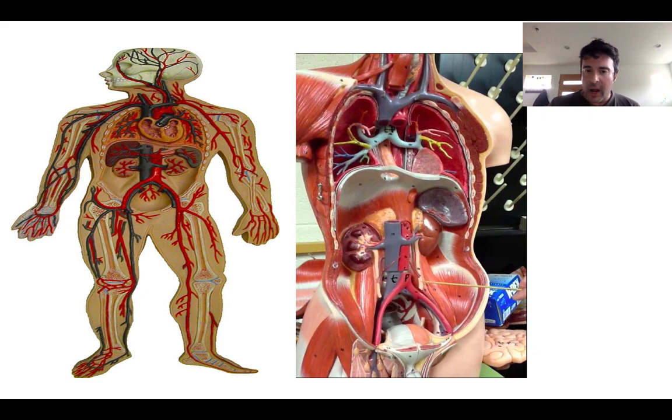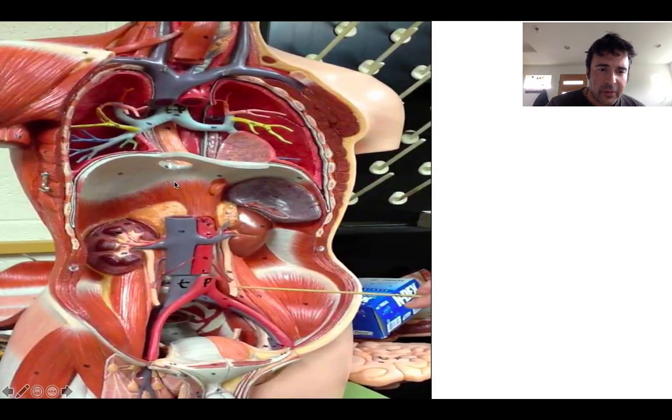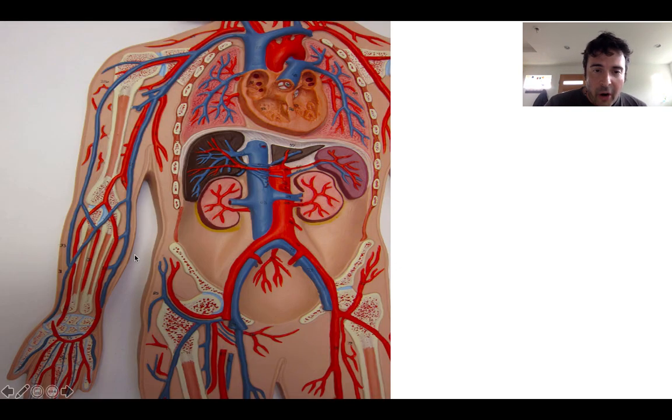Now, when we look at this abdominal model and all of the blood vessels we need to know, we have our celiac trunk, which branches to form the hepatic artery, the splenic artery, and the left gastric artery, which feed the liver, the spleen, and portions of the stomach.